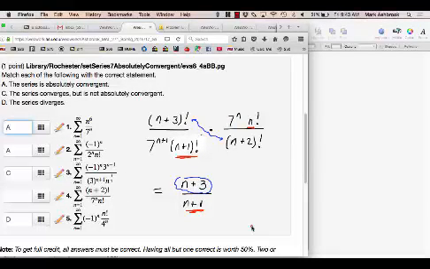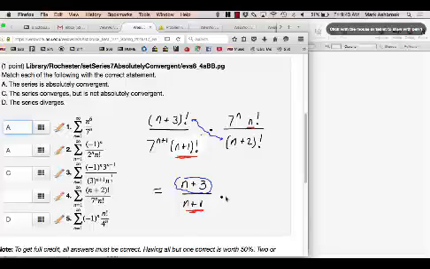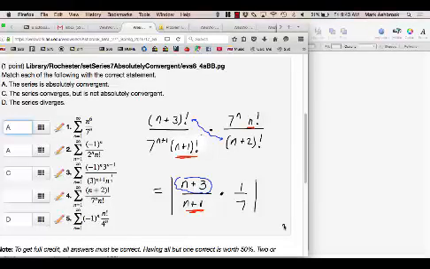Again, if that's unclear to you, then when you do these, you need to write out what those factorials mean and see how the cancellations occur. All right, what about the 7s? One more 7 in the denominator than the numerator. Conclusion, take the limit as n goes to infinity. 1/7 again, absolutely convergent.